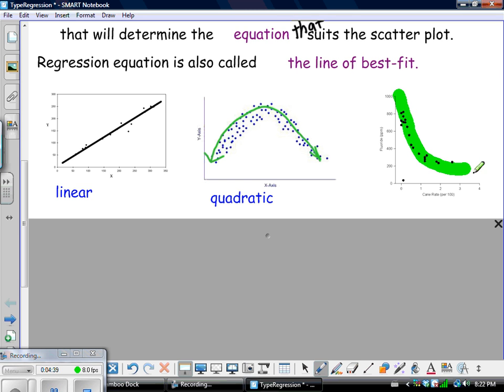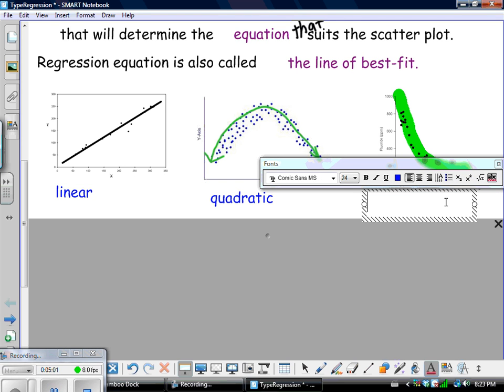Obviously I'm not going to think that it's linear because it doesn't look like a straight line. Quadratic, possibly, but I can't see what's going to happen here. Is it going to go back up? Maybe. But just based on what I have here, I could choose either quadratic or exponential. So in fact, for this one, I'm going to choose exponential, but again, that's just a guess on my part.